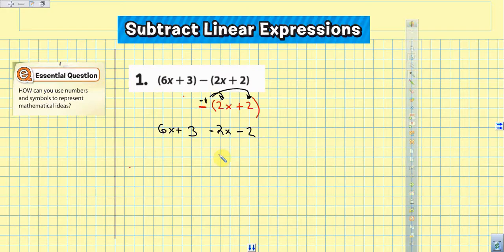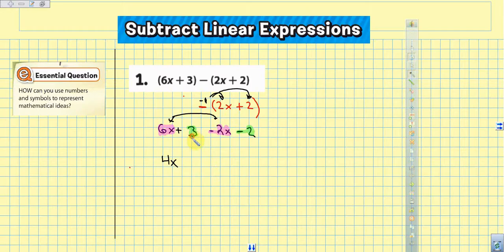Another way we can do this, now we just go ahead and start looking at like terms. Here's a like term. Here's a like term. Like term, like term. We have 6x plus a -2x, which is going to give me 4x. So these two terms together are going to give me 4x.